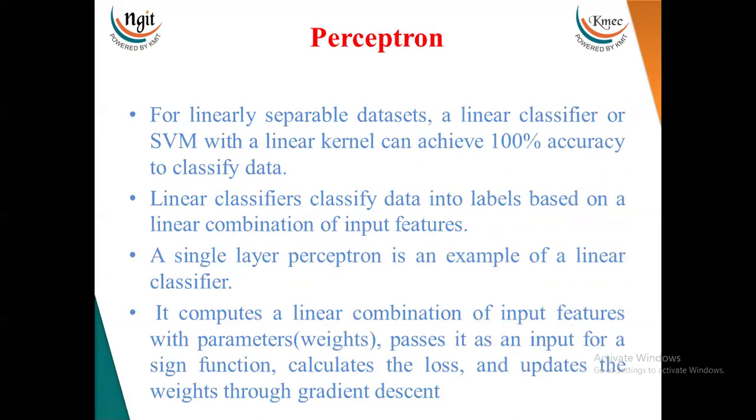Now coming to the perceptron. In order to do this, we should have a classifier called a perceptron. A linear classifier will convert particular data labels into different classes with the help of their features.